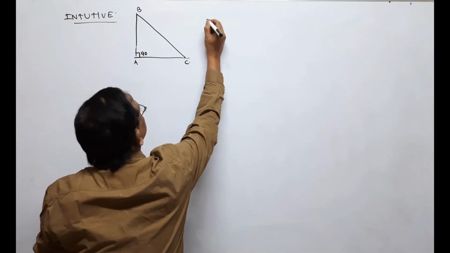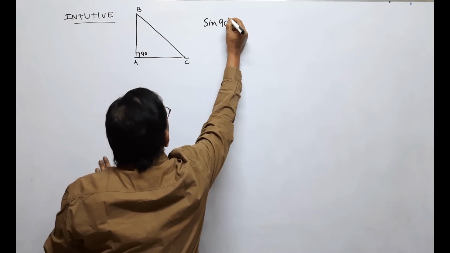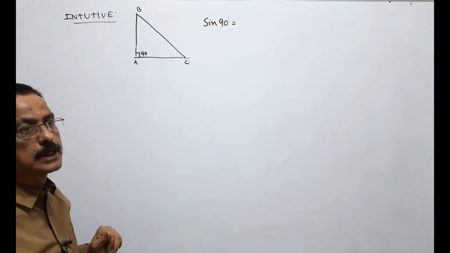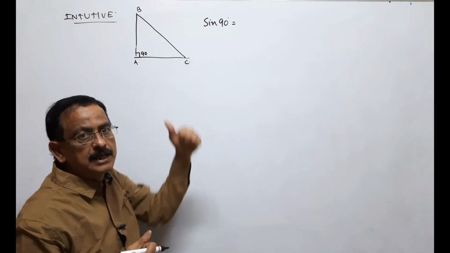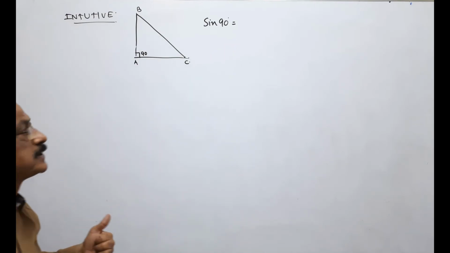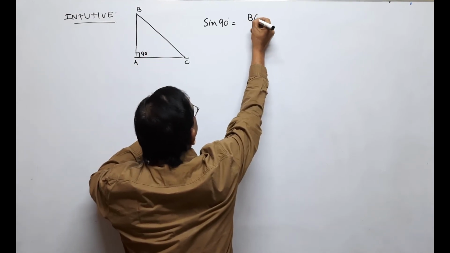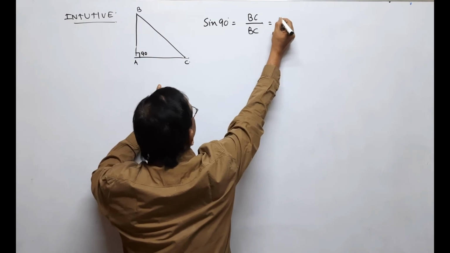So, how can we evaluate sine 90? The simple technique is, in any right angle triangle, sine of an angle is defined as opposite side by hypotenuse. So, what is the opposite side? BC. By hypotenuse, again BC. So, sine 90 is 1.